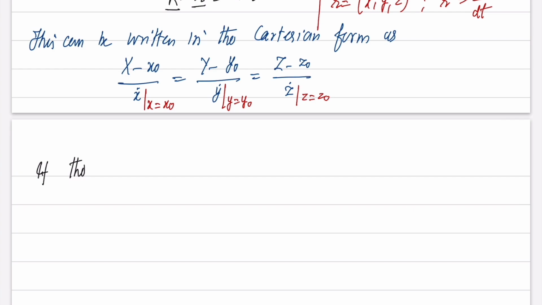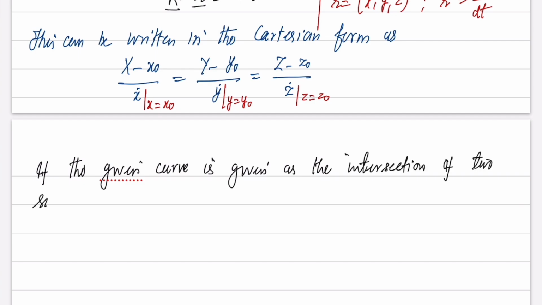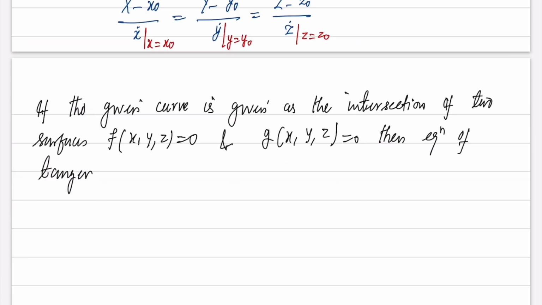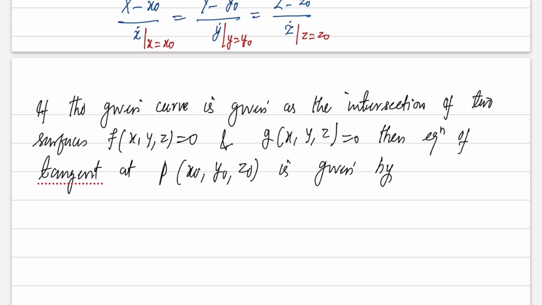If the given curve is given as the intersection of two surfaces, say the first surface is f of x, y, z equal to 0 and g of x, y, z equal to 0, then the equation of the tangent at P with coordinates x naught, y naught, z naught is given in this way.